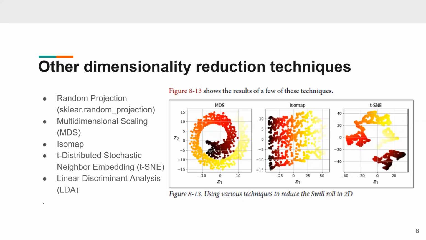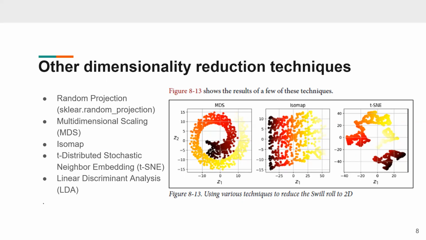But at this level, just pay attention to which would be the key ones. They would include random projection, multidimensional scaling, Isomap, t-distributed stochastic neighbor embedding, t-SNE, and linear discriminant analysis. As a result, you can take a look at this example on the right-hand side.